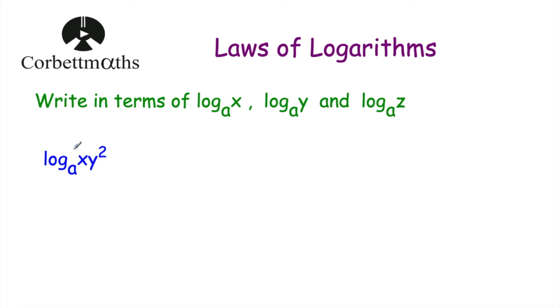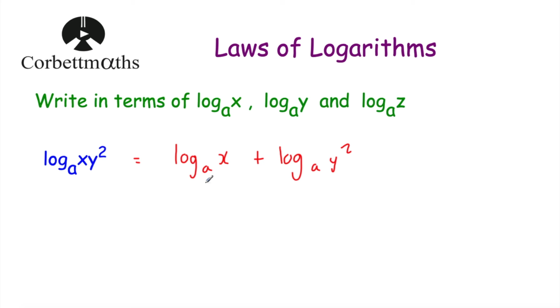So again, we want to split this up, and we've got log to base a of xy squared. What I'm going to do to begin with is split it up, thinking of the fact that if we add logs together, we multiply. So this would be equal to log to base a of x plus log to base a of y squared, because remember, xy squared means x times y squared.